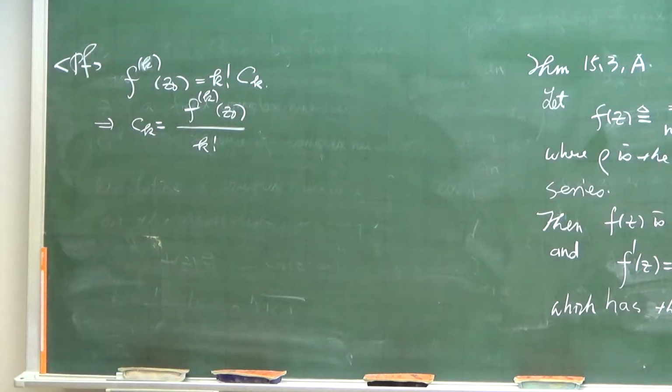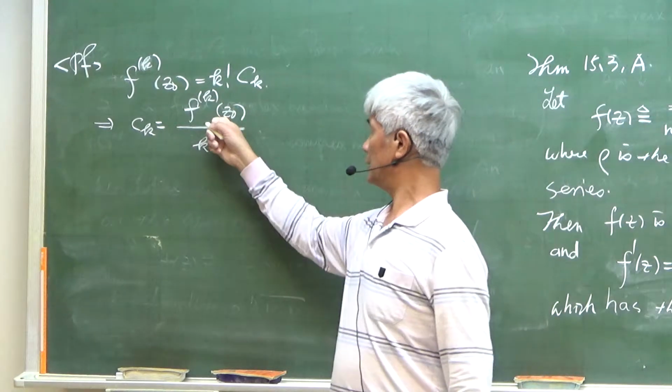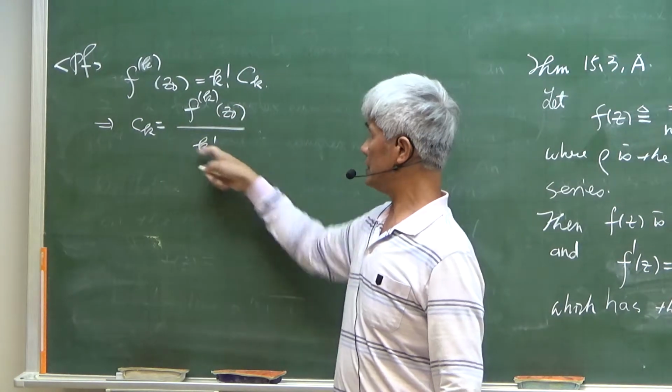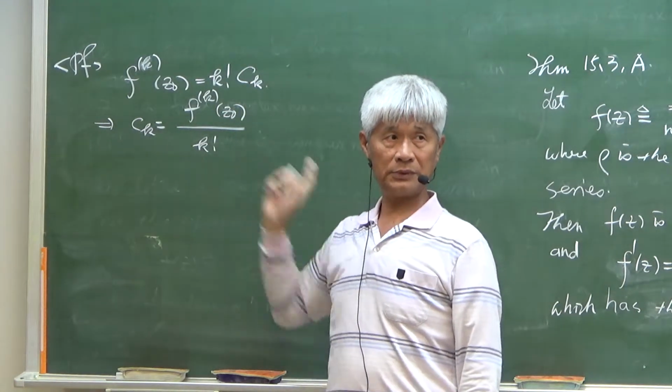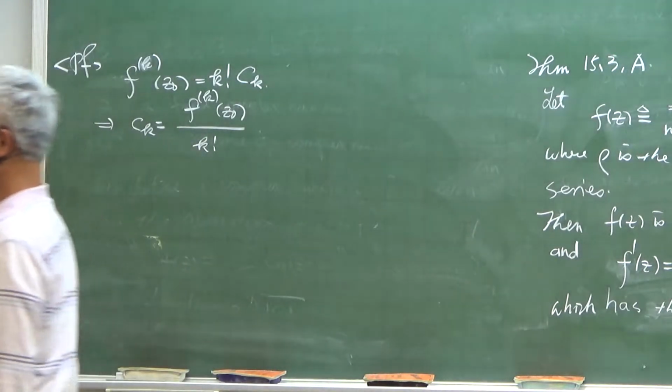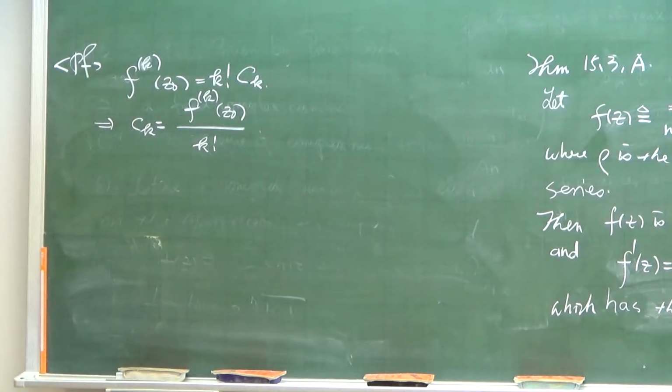Once the complex function has been defined, in principle, you can compute the kth derivatives at z0, and from this formula you can recover the coefficient. So the coefficient is uniquely determined.